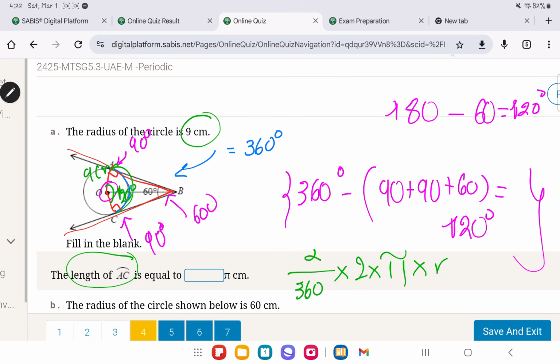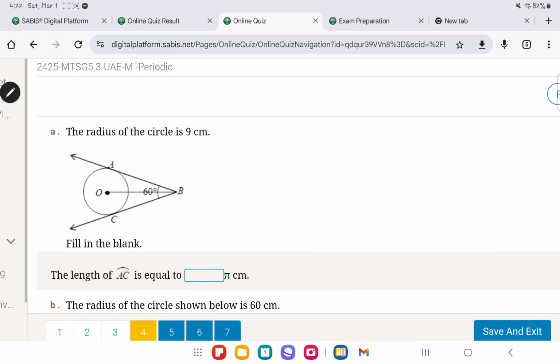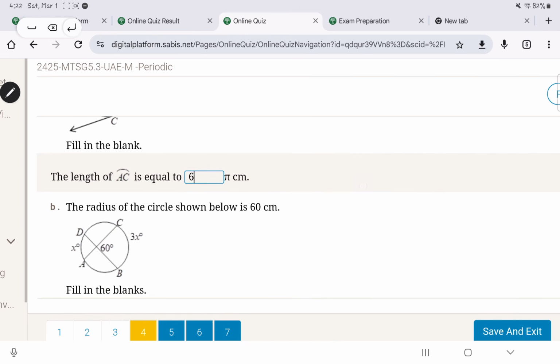So very simply, it is going to be 120 over 360 times 2 times pi times the radius, which is 9. So if you put it on your calculator, you are going to get an answer which is equal to 6 pi. So very simply, this over here is 6 pi.